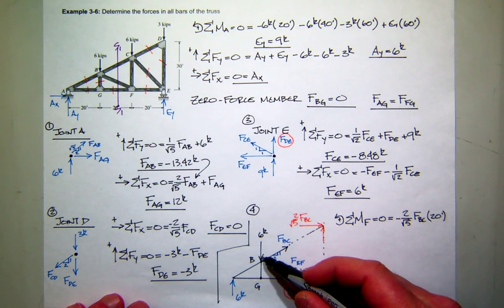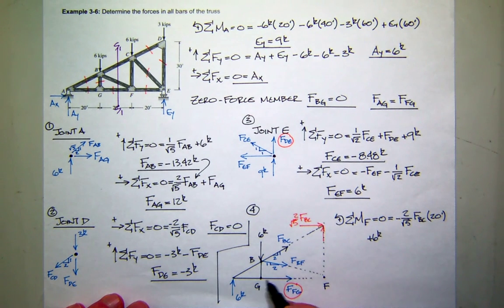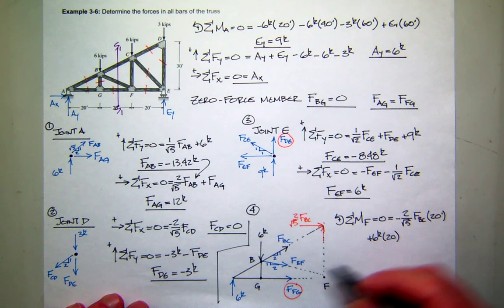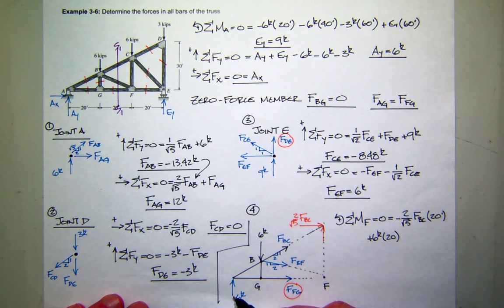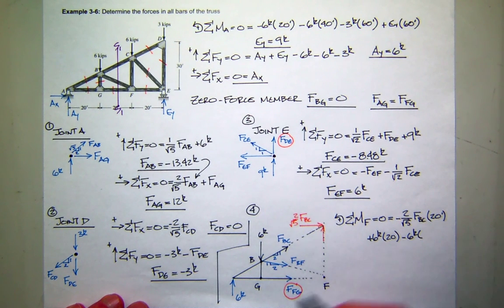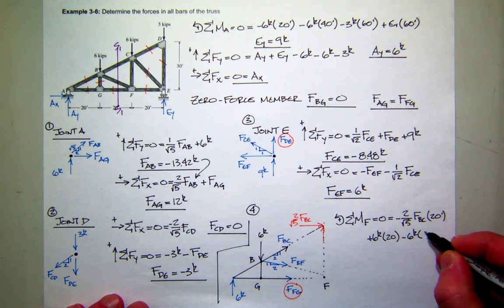And it's being balanced by the 6 kip, which creates positive moment, and has a moment arm of this distance, which is 20. And the reaction at A, which is creating negative moment, and its moment arm is the distance from A to F, which is 40.